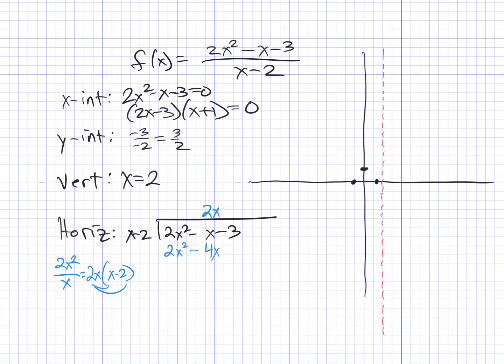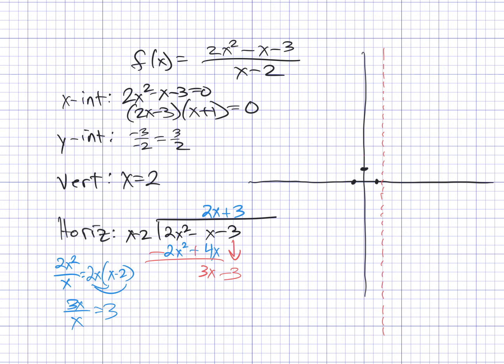Now what? Subtract. Now what? Take the first divided by the first. Oops, that's just x, which is 3. You can stop right there. You don't even have to calculate it out. So that's your slanted asymptote.